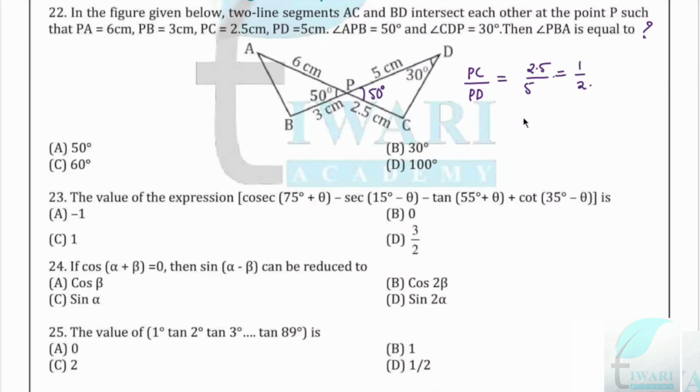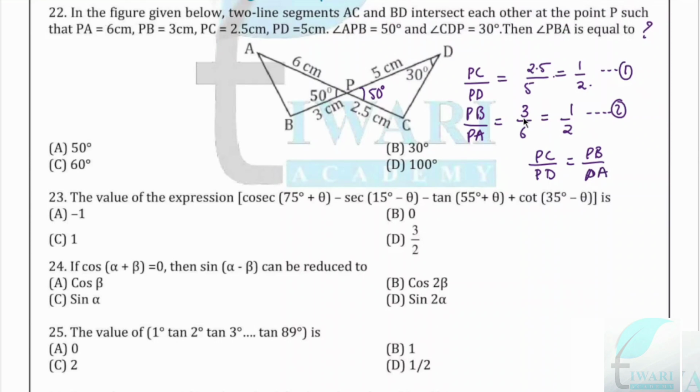What is PB by PA? That is equal to 3 by 6, which is equal to 1 by 2. So from 1 and 2 we can write that PC by PD is equal to PB by PA.